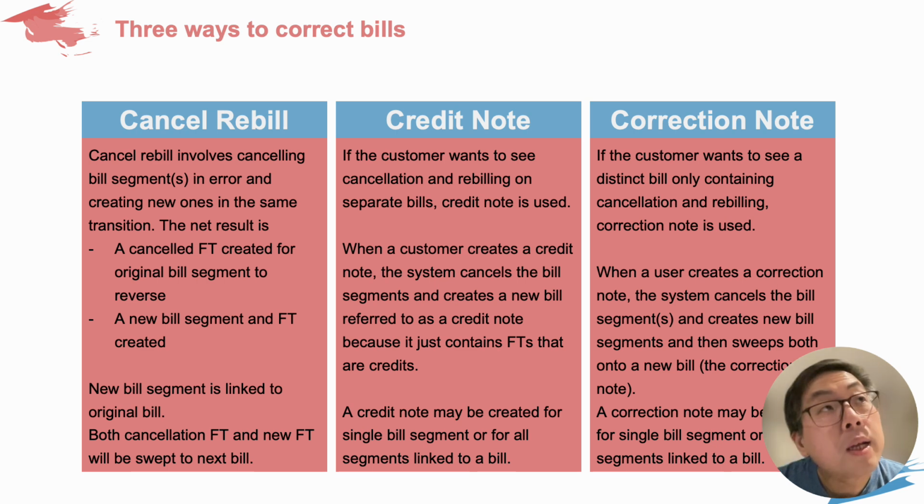Now, this is the difference between the three types of corrections. It's also linked to how you want to show the customer there's a cancellation.